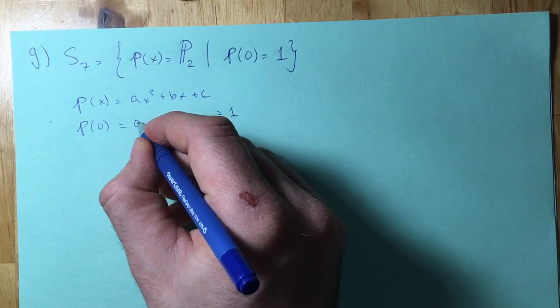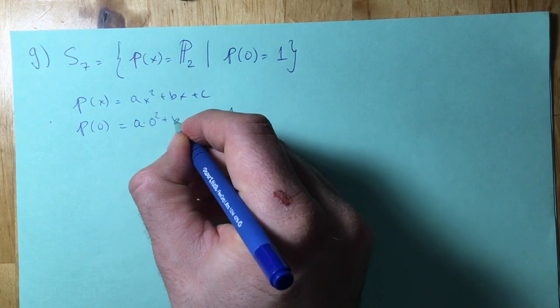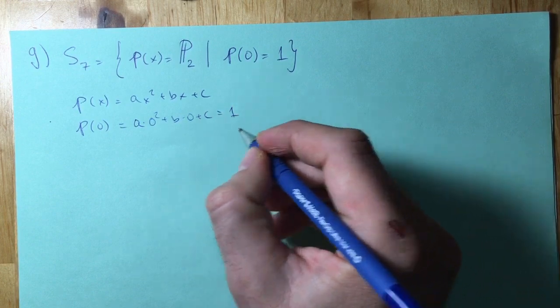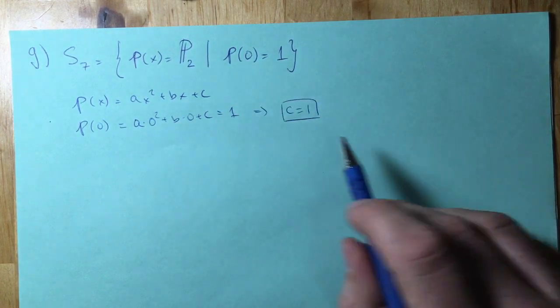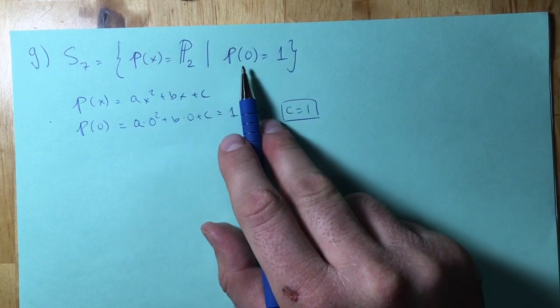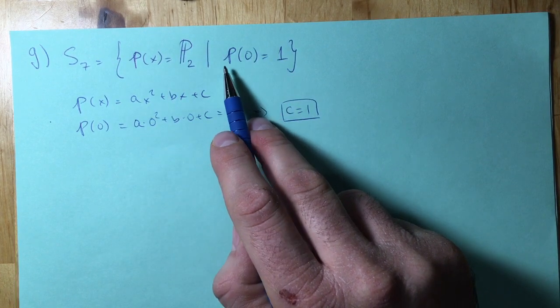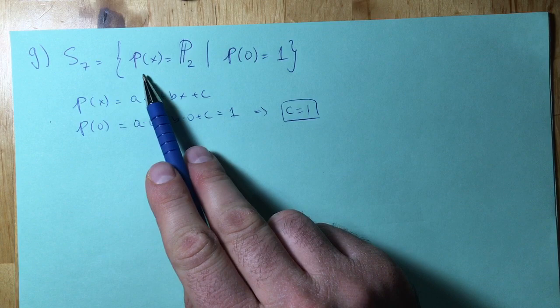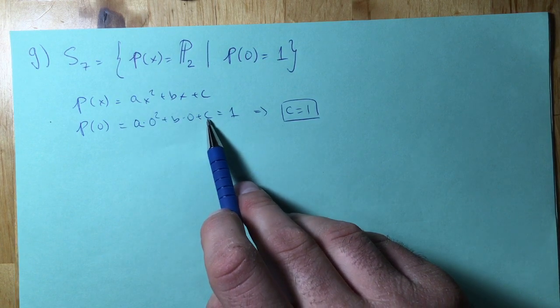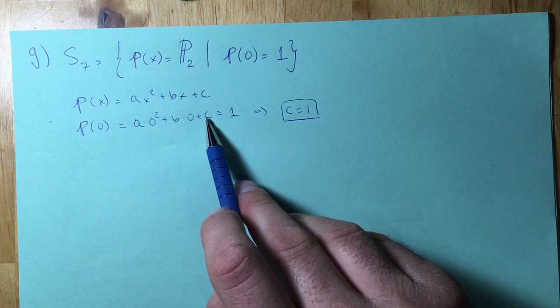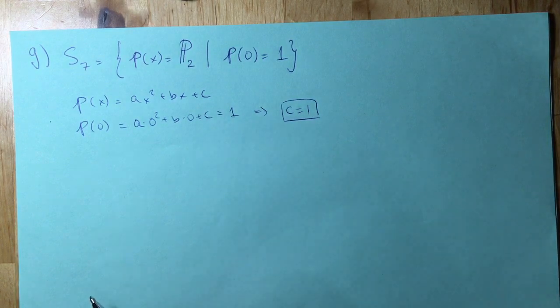It's a times 0 squared plus b times 0 plus c, from where I just get that c is equal to 1. Okay, so basically this is another way to write down that S7 is the set of all the quadratic polynomials for which the constant term is 1. Okay, that's what we got.